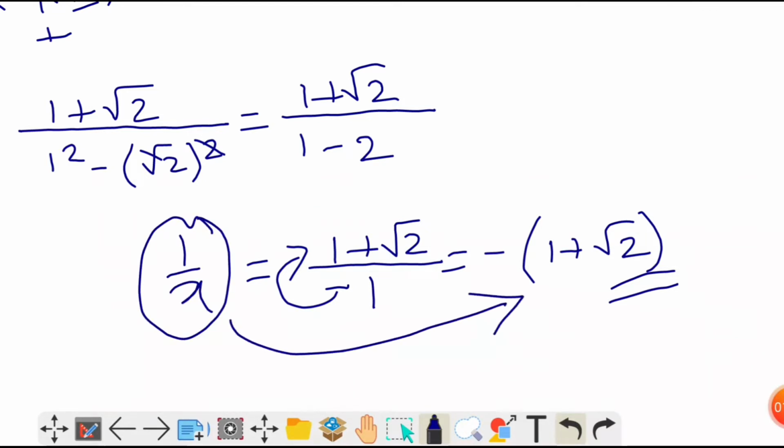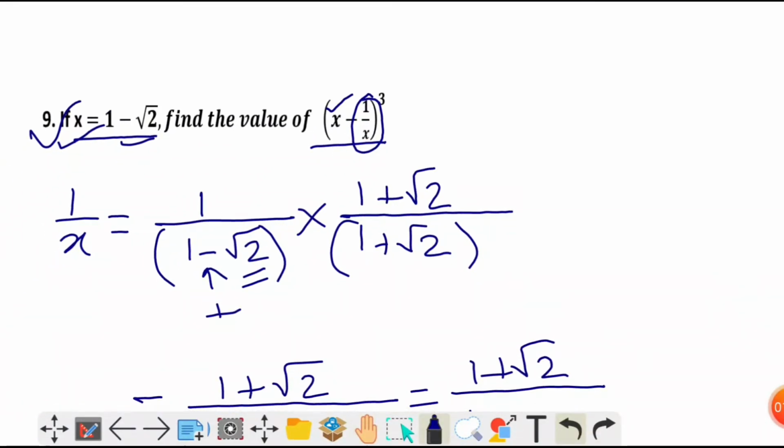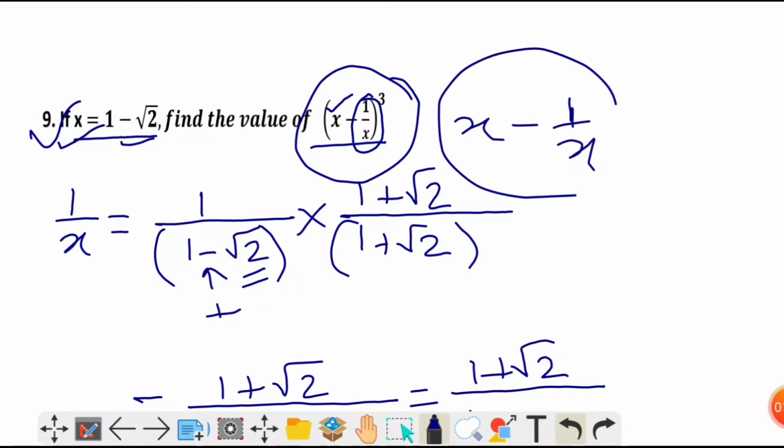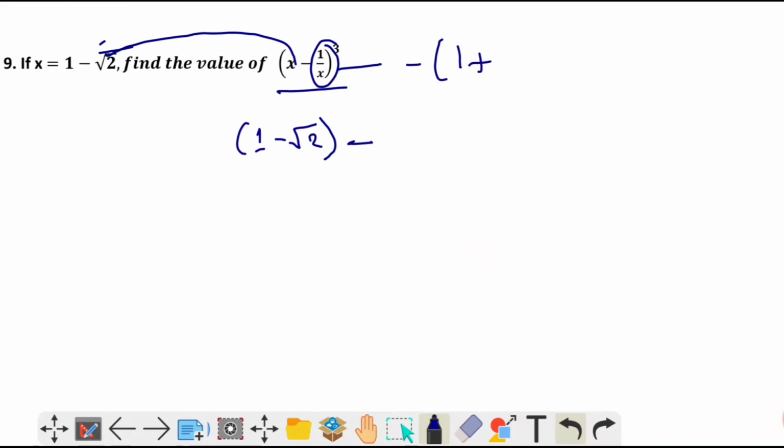So using this value we'll solve (x minus 1 by x) whole cube. We have to find the value of (x minus 1 by x) whole cube. So let's solve it. We have already got the value of x, that is 1 minus √2. Now put the value of 1 by x that we have found, that is minus (1 plus √2).